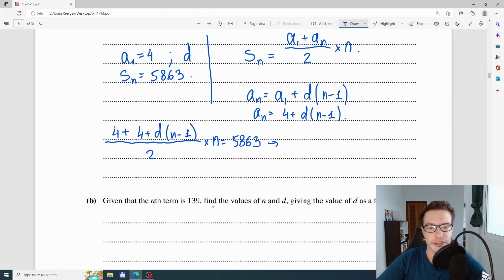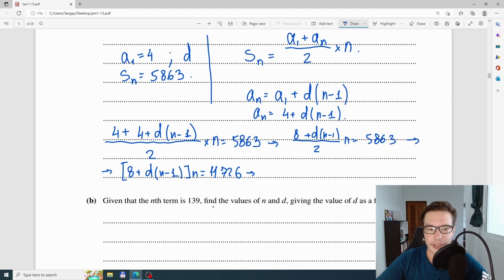Now we'll have to rearrange this equation and get what we are asked to get. 4 plus 4 is 8 plus d times n minus 1 over 2 times n equals to 5863. Let's multiply both sides by 2, and we'll get (8 plus d times n minus 1), everything times n, equals to 11726.